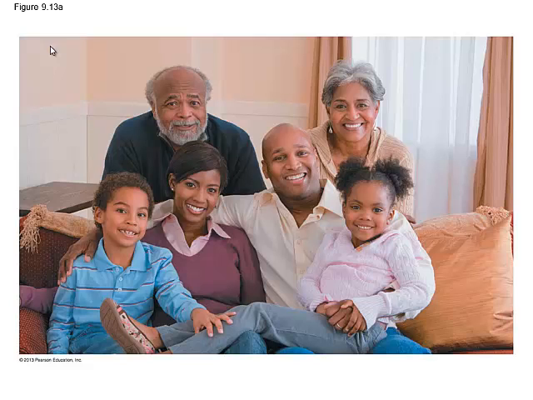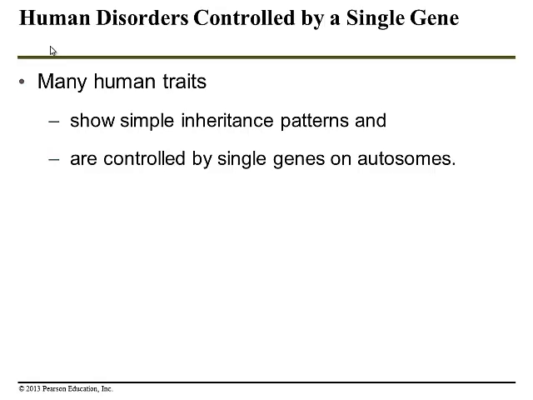So, traits. Human traits show simple inheritance patterns and are controlled by single genes on autosomes. What's an autosome? We had 23 pairs of chromosomes, right?